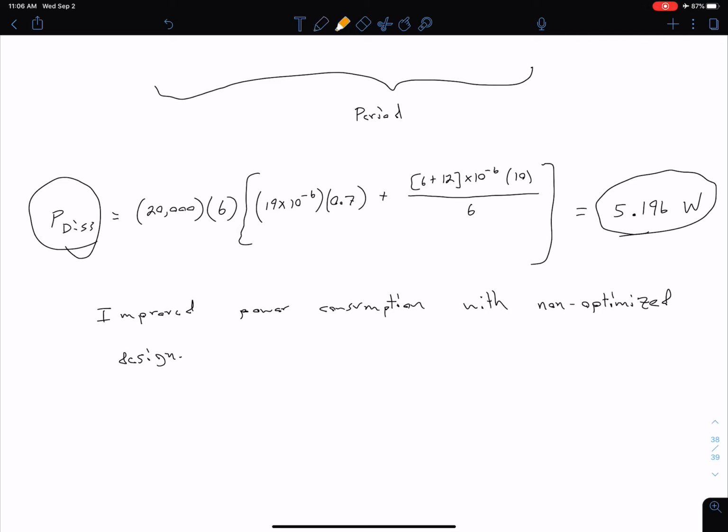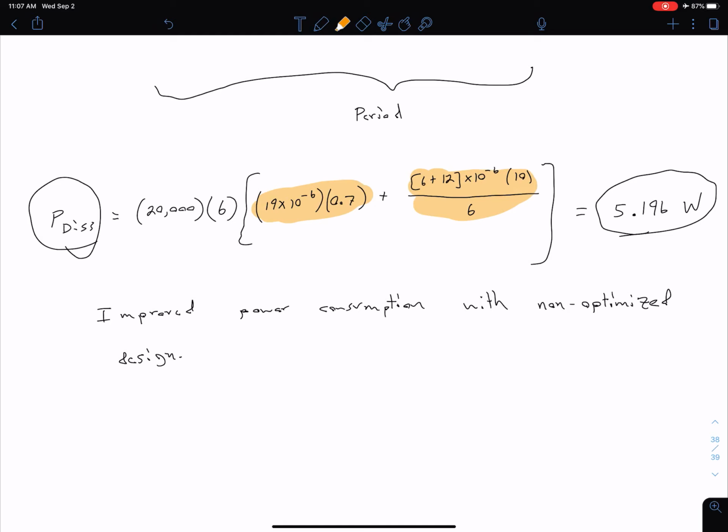Like we talked about in our last video, we can look at the part of our power that's due to our on time and the part of the power that is due to our switching. Based on that, we can choose a transistor such that one of these terms is dominated.